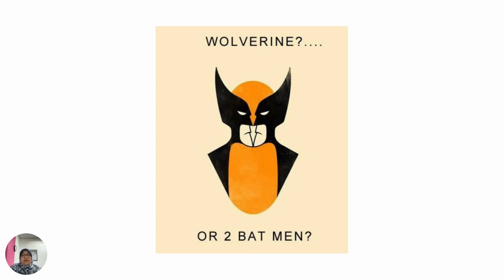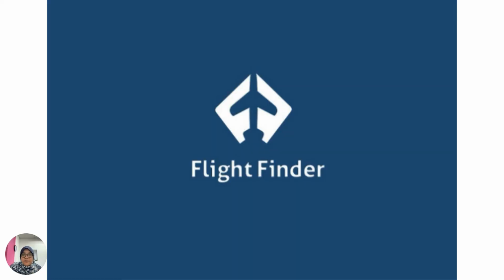So is it two Batman or is it a Wolverine? So it makes the audience or the people who see your work wonder, and this is something you should consider when creating a product or a design.